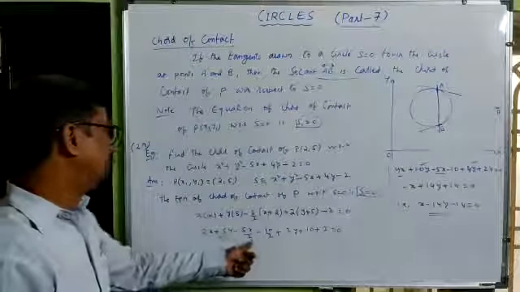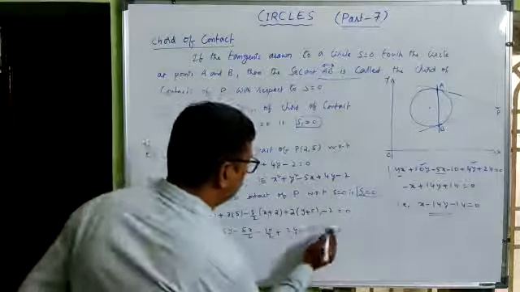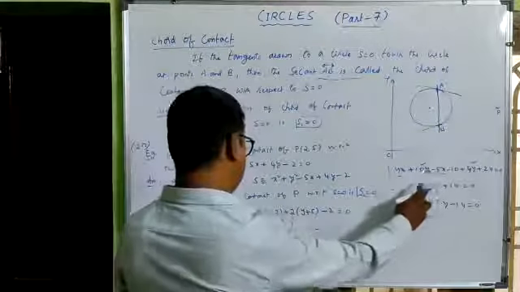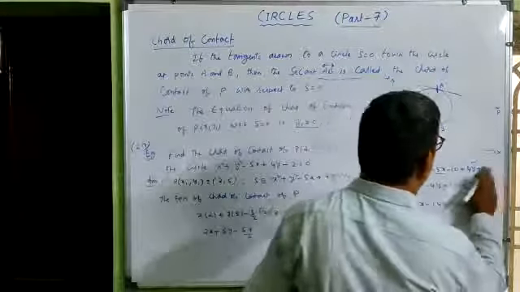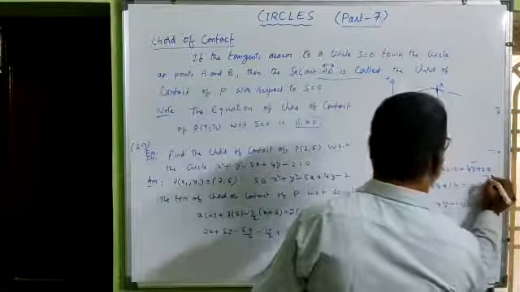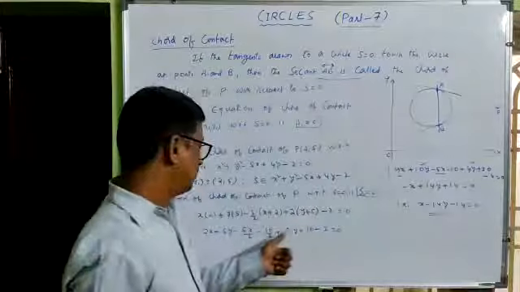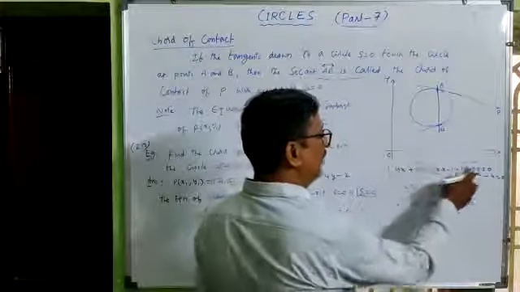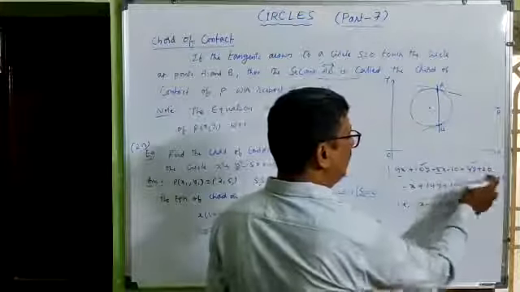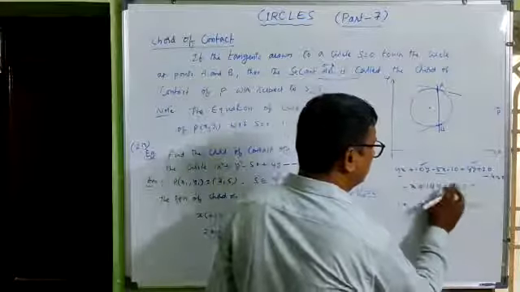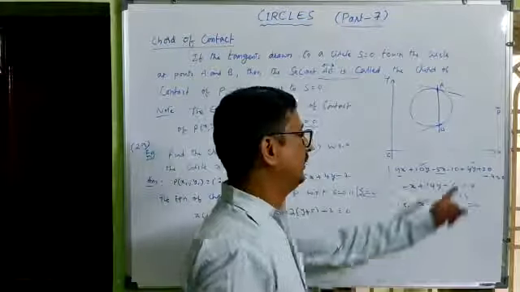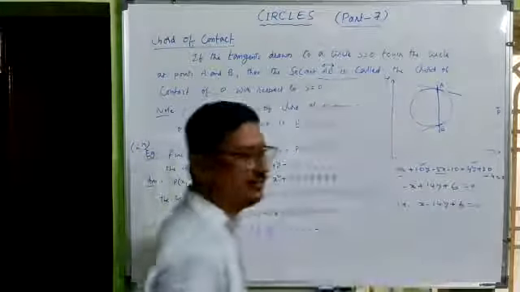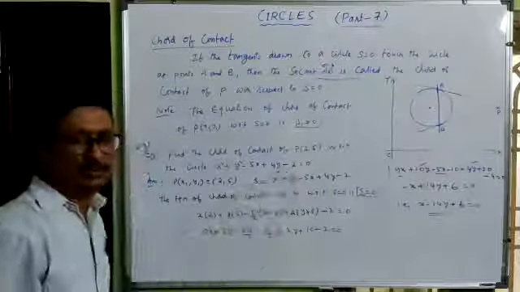So 4x + 10y − 5x + 10 + 4y − 20 − 4 = 0. Then −x + 14y, and the constants: 10 − 20 − 4... so the constant is the corrected value. A small mistake: I have taken plus instead of minus. That is the small problem.